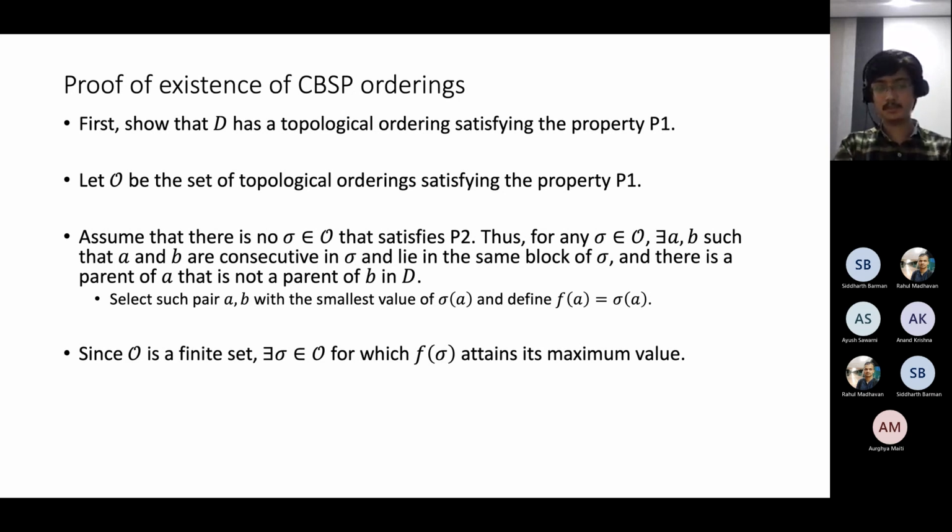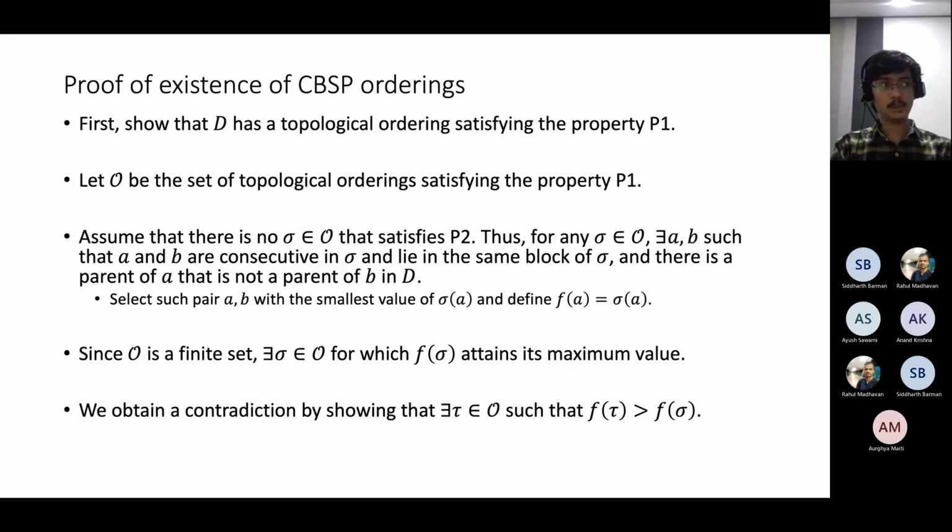So the idea now is to show the existence of another topological ordering tau in O for which f of tau is strictly greater than f of sigma. This will complete our proof.